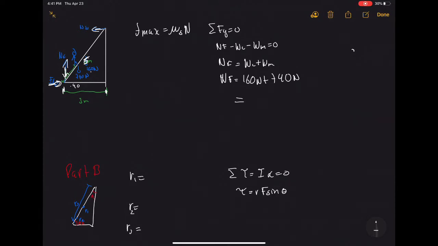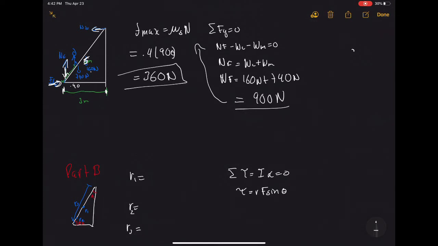That's 160 newtons plus 740, which gives us 900 newtons. So now we can get the maximum frictional force that the question is asking. That's 0.4 times 900, which gives us 360 newtons. Okay, that's the first part. This is the answer for the first part.